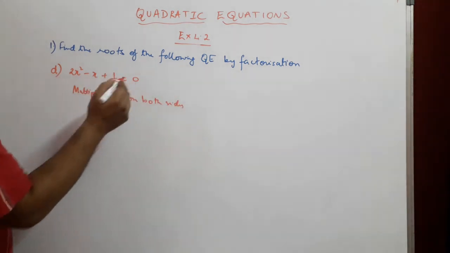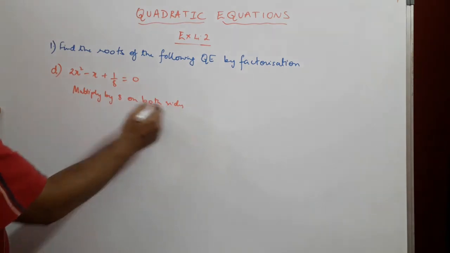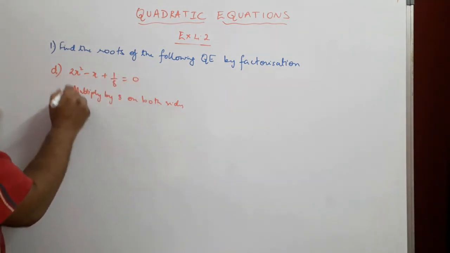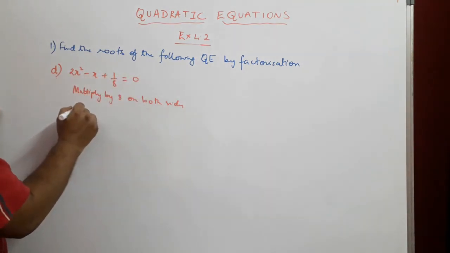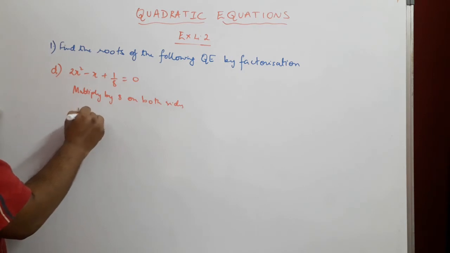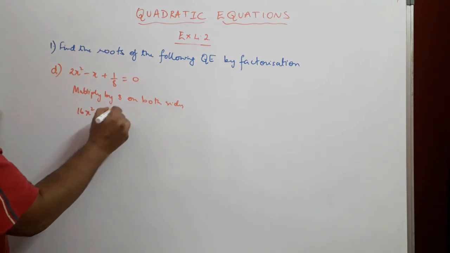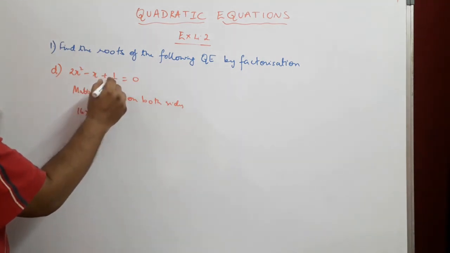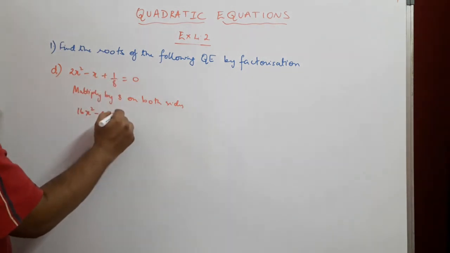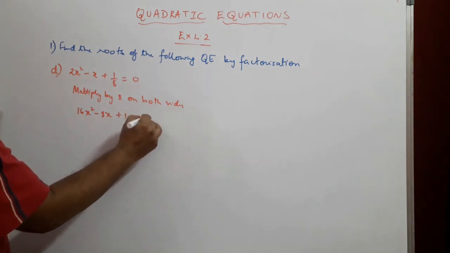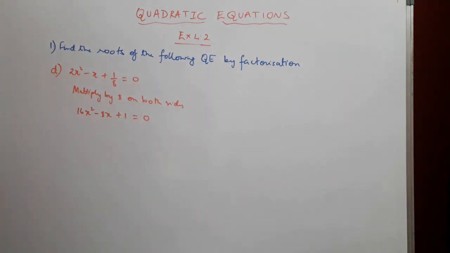So 8 into 0 is 0 itself, so we keep it as 0. 8 into 2 will become 16x square. 8 into minus x will become minus 8x, plus 8 into 1 upon 8. So 8 and 8 will cancel, and we are left with just 1.